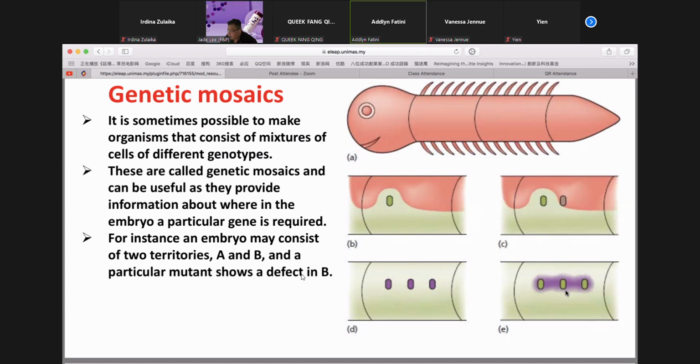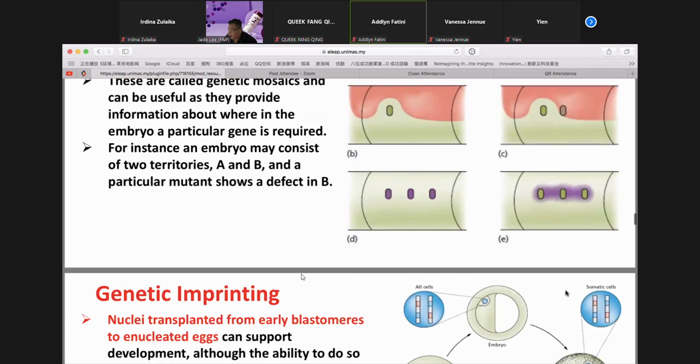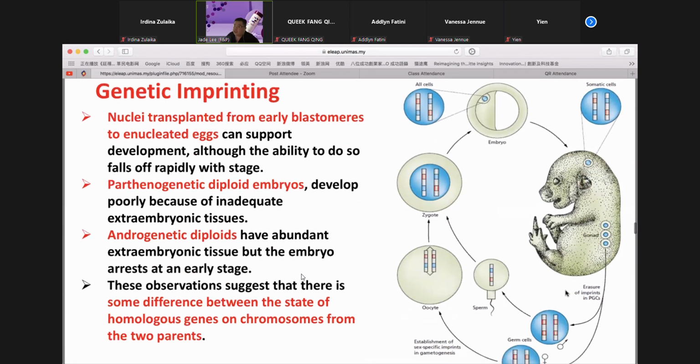Right. So if you look at genetic imprinting, this is also a very interesting experiment. The nuclei are transplanted from early blastomeres to an enucleated egg. Enucleated eggs mean the nucleus of the egg has already been removed.